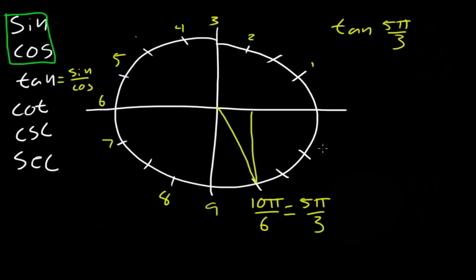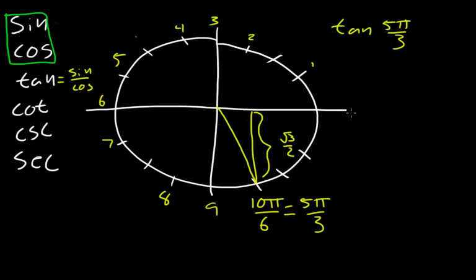Now there's no straightforward way to get this. You can't just look at this and say the tangent value of 5 pi over 3 is this. So what you have to do is find, like I said before, the sine value and the cosine value. The sine value here is the y value, the vertical value. So this right here is root 3 over 2, and this is in the lower right-hand quadrant.